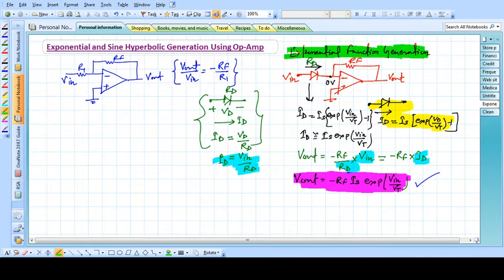Now I am going to make the hyperbolic function. The sine hyperbolic function is slightly different from this one, but we have to use the same concept, just we have to use two op-amps and two diodes. So now I am trying to make this diagram first.